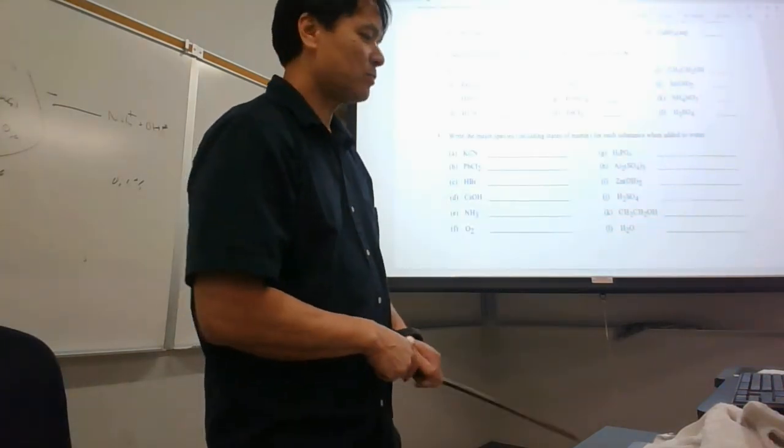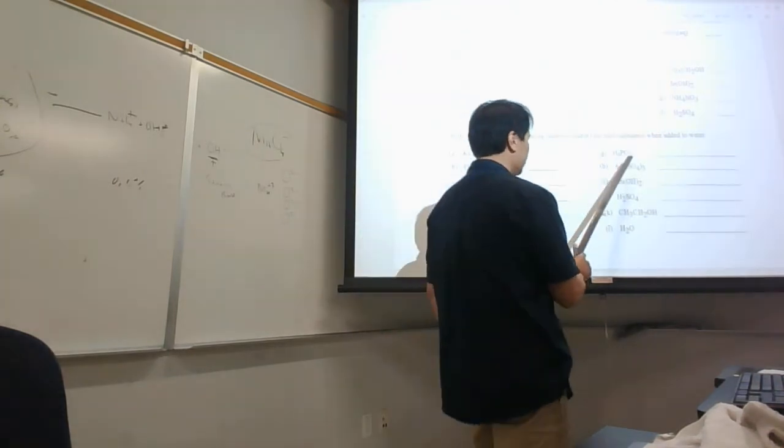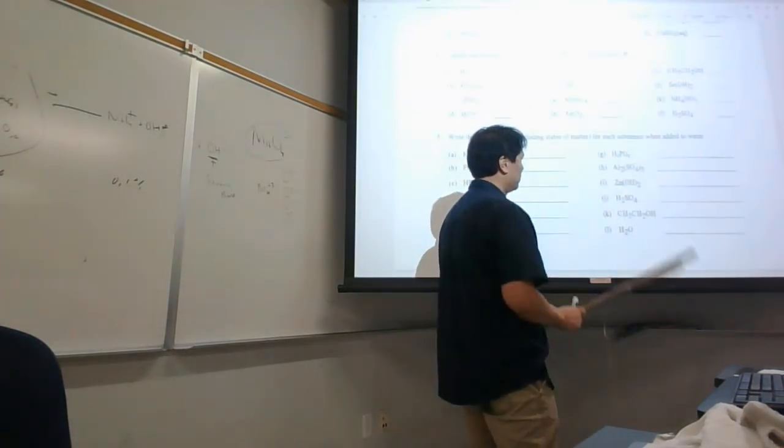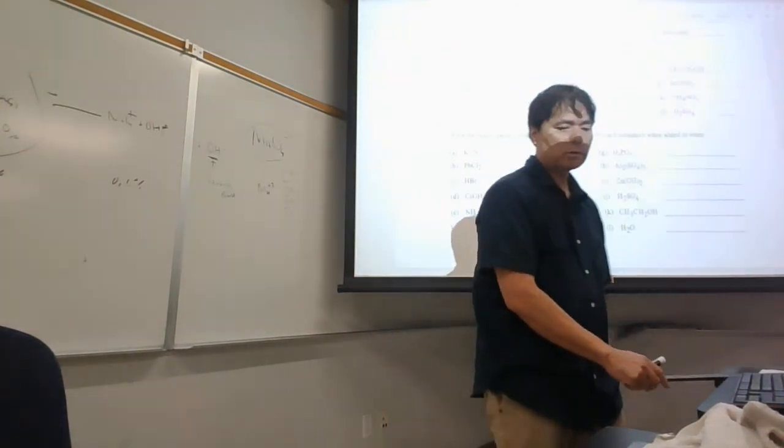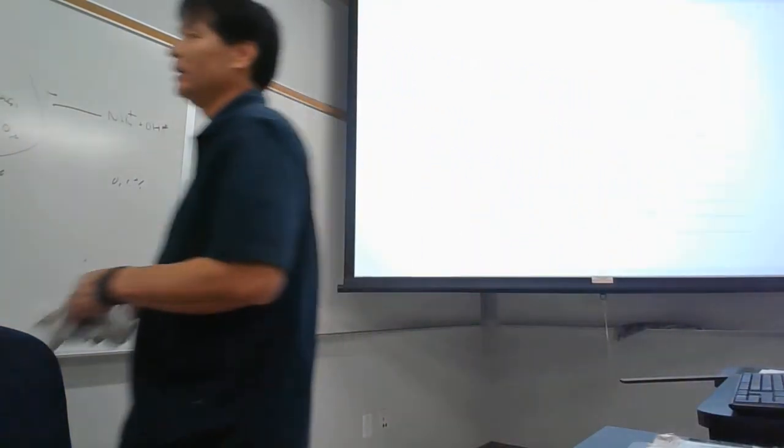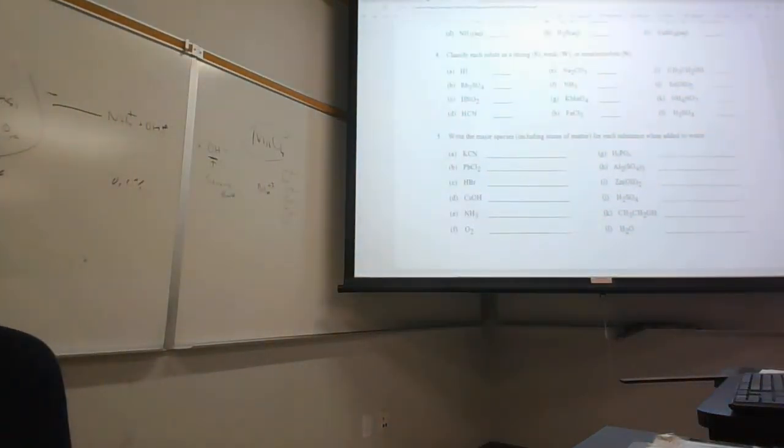Phosphoric acid is what we call a triprotic acid. Triprotic acid has three. Like sulfuric acid is called a diprotic acid. It has two of what we call acidic hydrogens. Phosphoric acid has three.